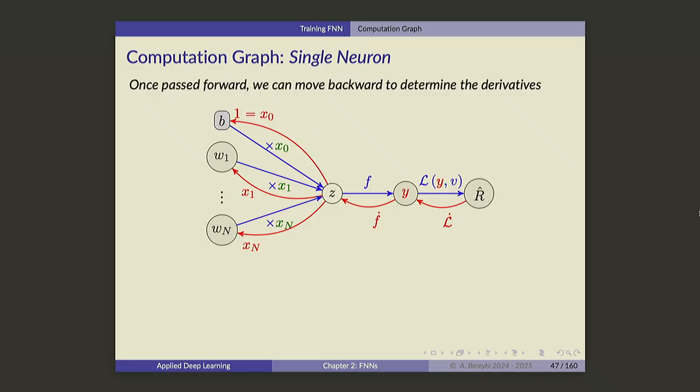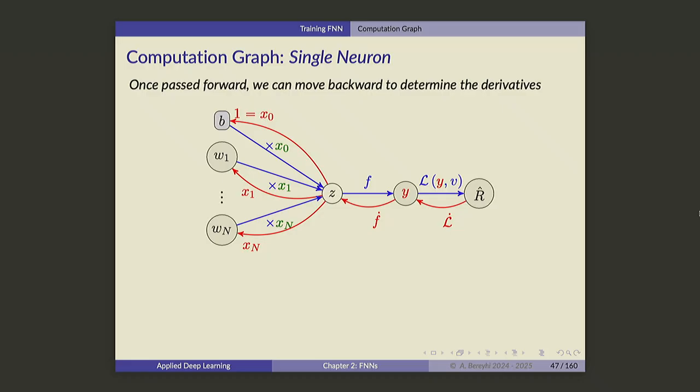It's going to be x1 times w1, plus x2 times w2, and so on till xn wn. You also have a bias, which is being multiplied with 1, which we called x0. So it's going to be x0 here.